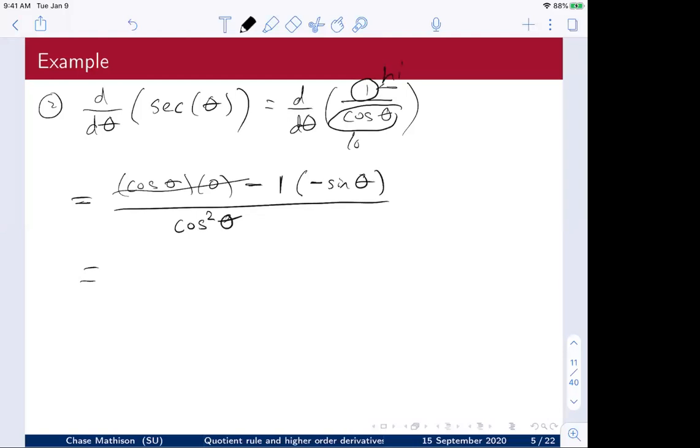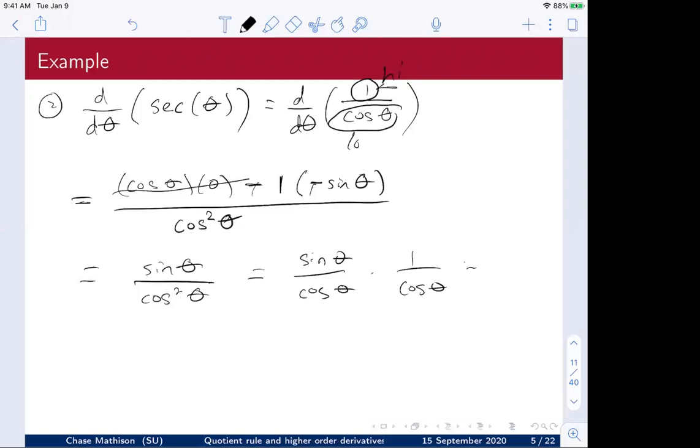I'm Chase. All right, so this is equal to, the negative cancels there, so I'm left with sine of theta over cosine squared theta. And the way people typically write this is they break this up into sine of theta over cosine of theta times 1 over cosine of theta.